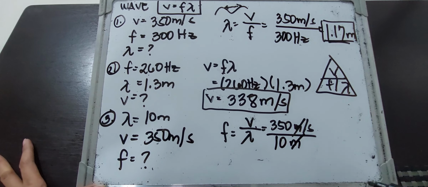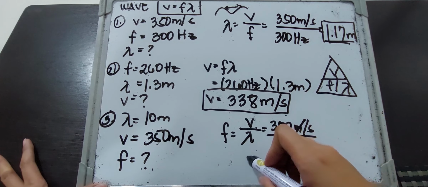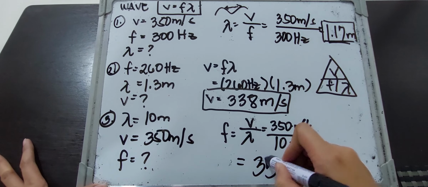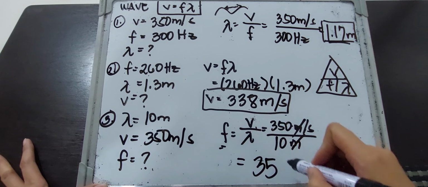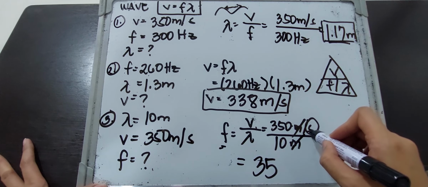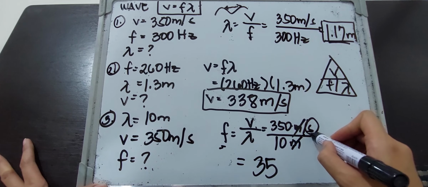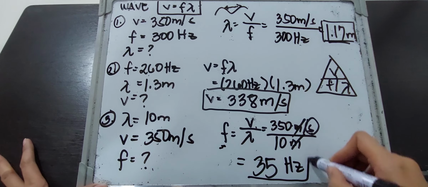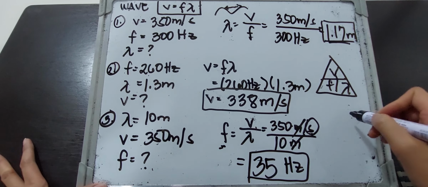So, cancel natin yung meters. 350 divided by 10 is 35. Since frequency, pag seconds, di ba, ay para yan sa period or sa time. Since frequency, our unit is hertz. So, remember that ha.